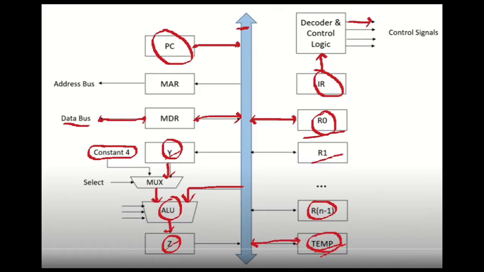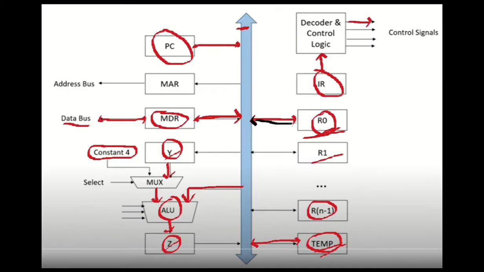The constraint in the single bus organization is that at any given time, that means in any clock cycle, only one of these units can put data onto the bus. So let's say if the MDR is putting data onto the internal bus, then in that same clock cycle no other unit can put data onto the bus, unless Z out is enabled.